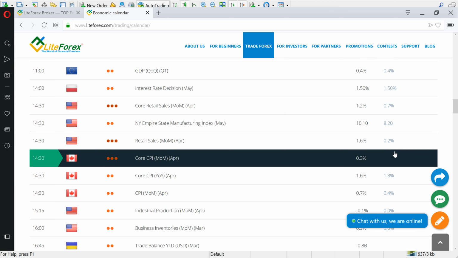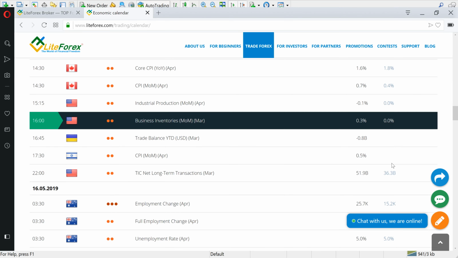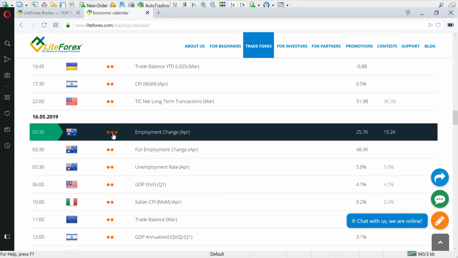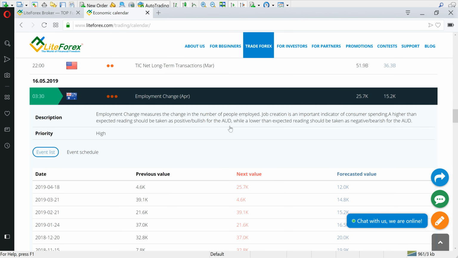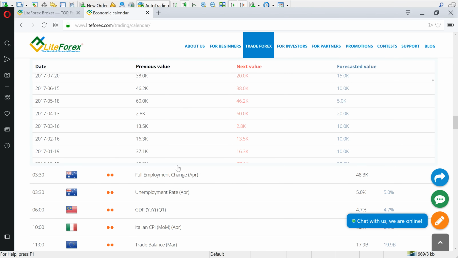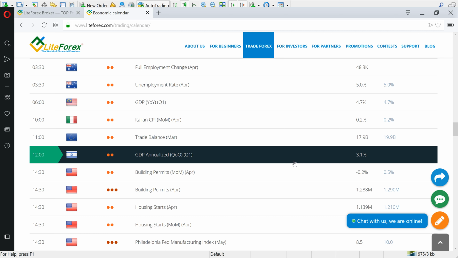Canada will release core CPI data, an important inflation indicator. And also on Thursday, which is the 16th of May, there will be some employment data from Australia, another key indicator, and we will see drivers for Australian dollar.